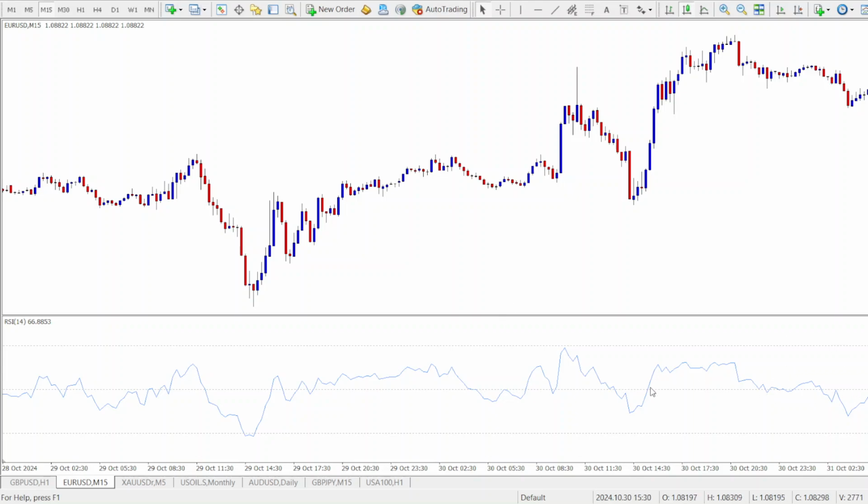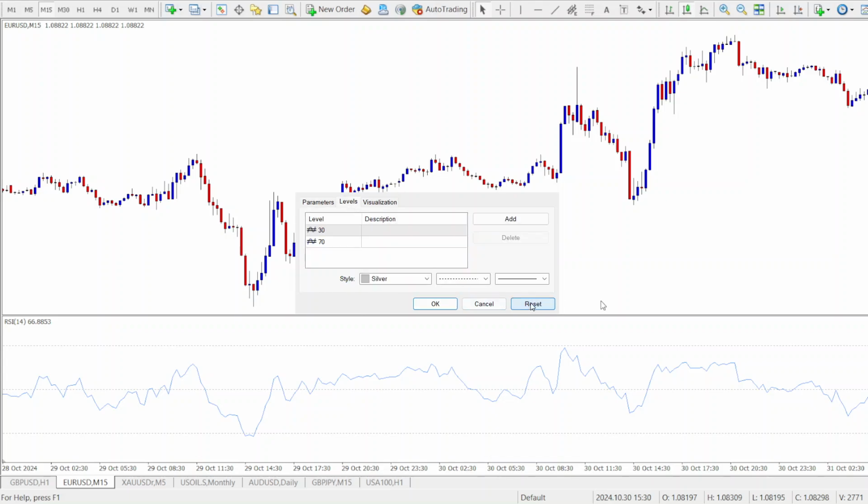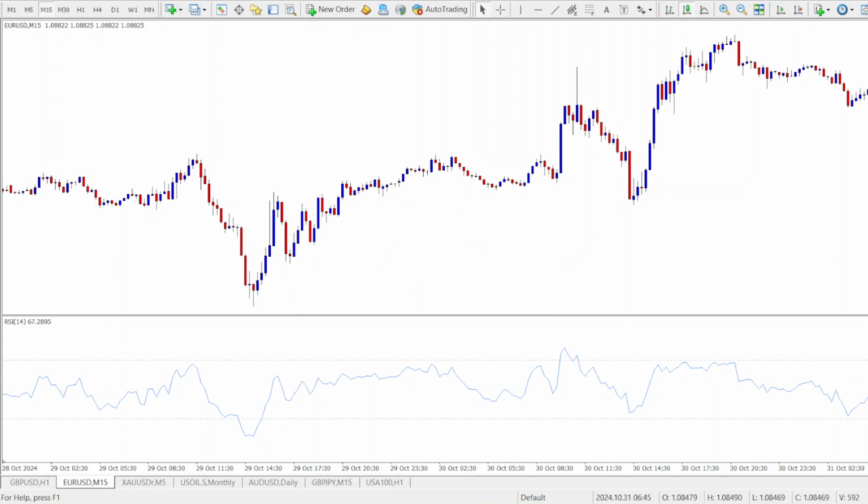So we usually have the overbought level above 70 and the oversold level below 30. Now the RSI helps you identify overbought and oversold levels in the market, which can signal potential reversals. Understanding how to utilize the RSI effectively is crucial for any swing trader.